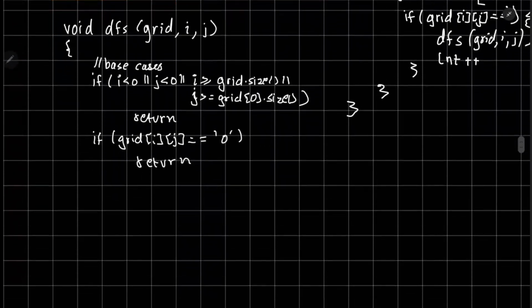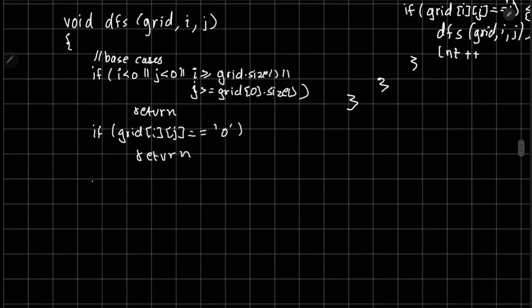Now the main part of the DFS function is here, so we are left with grid of i j equal to 1. After these conditions, we have only this condition, or you can also write it in an if-else statement. So what we will do is first mark it as visited.